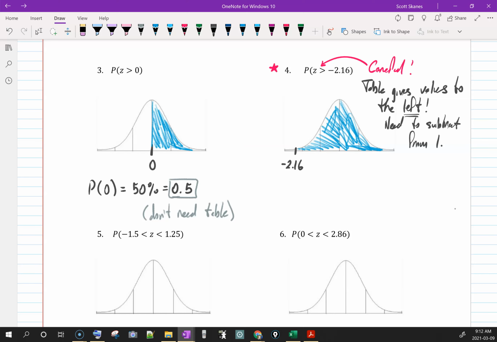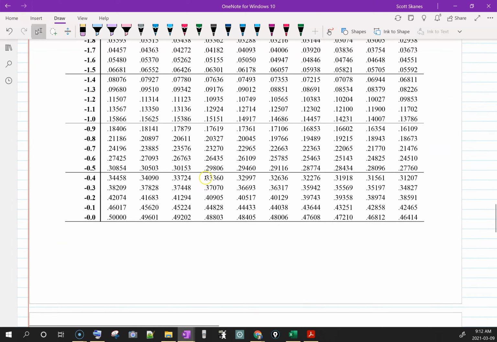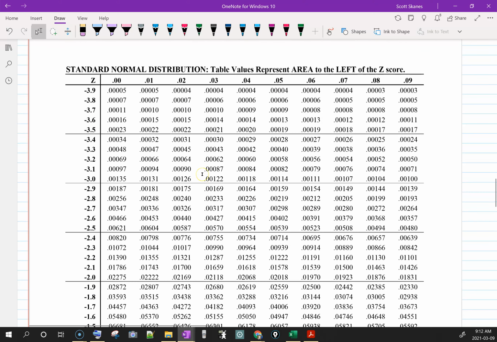First things first, just treat it like a normal problem. The probability of being below this point, if you use our table, negative 2.16. Let's look in the negative table, negative 2.16.